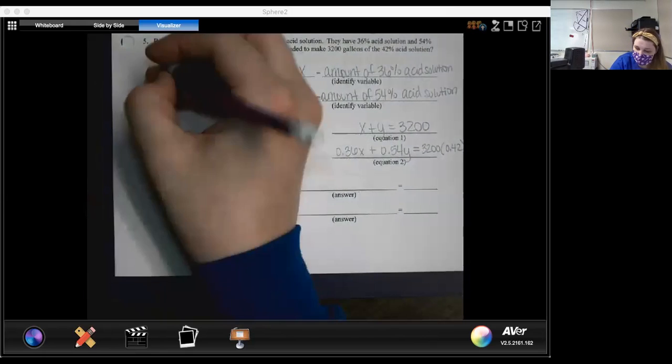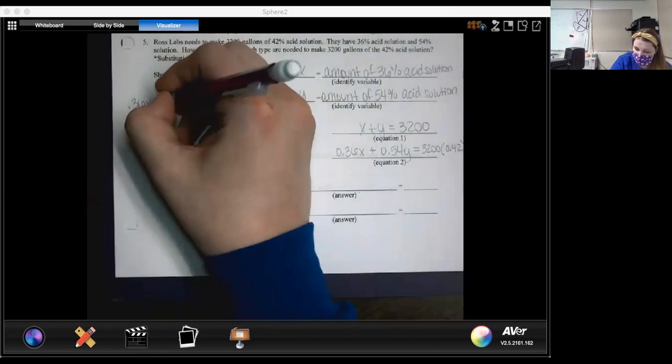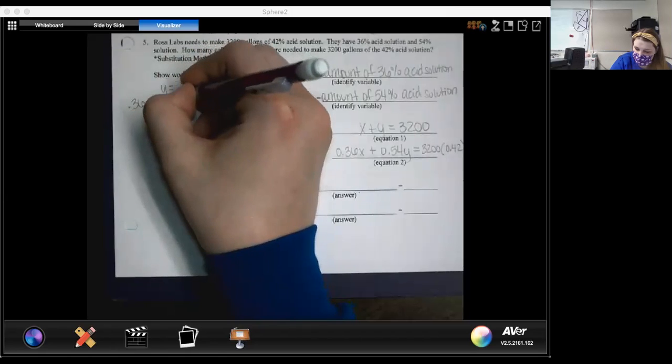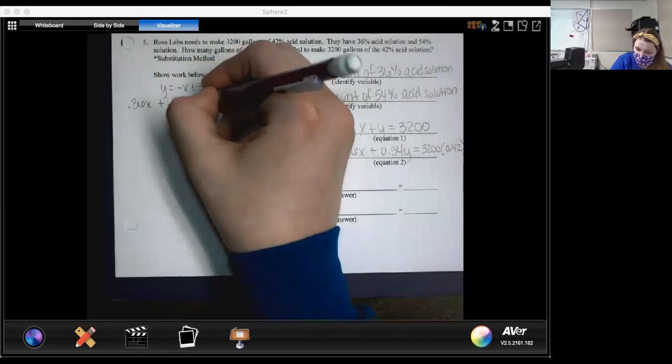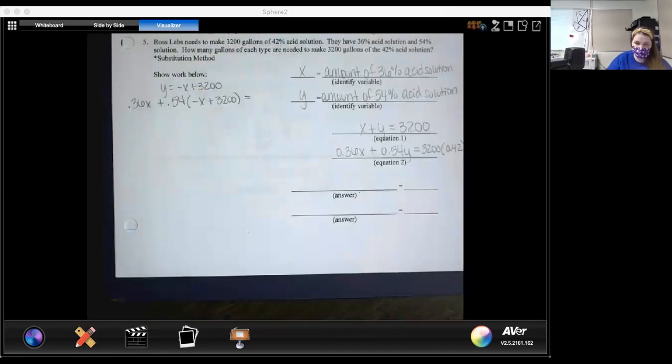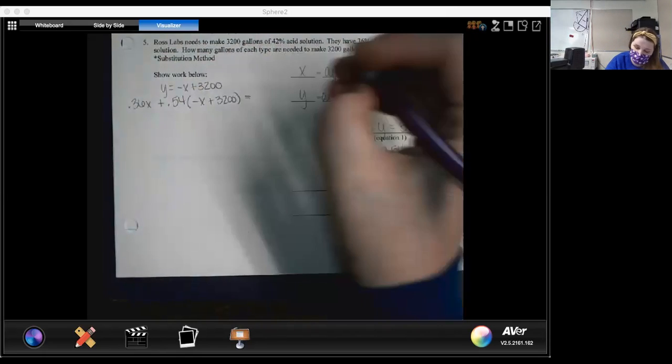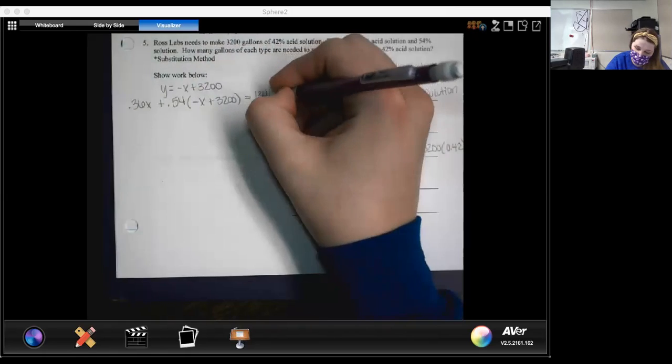So therefore, I would have 0.36x plus 0.54 times negative x plus 3,200 equals. Now, at this point, you can just multiply 3,200 times 0.42, which is 1344.